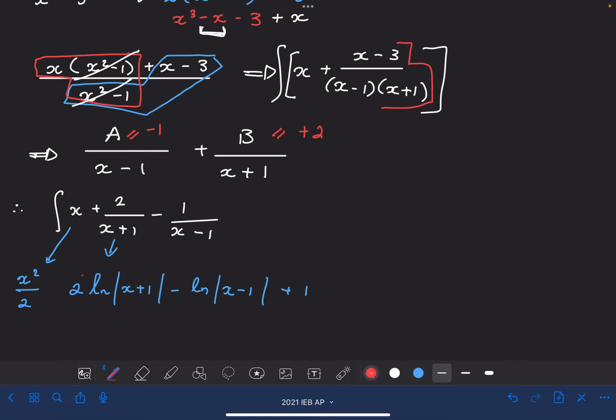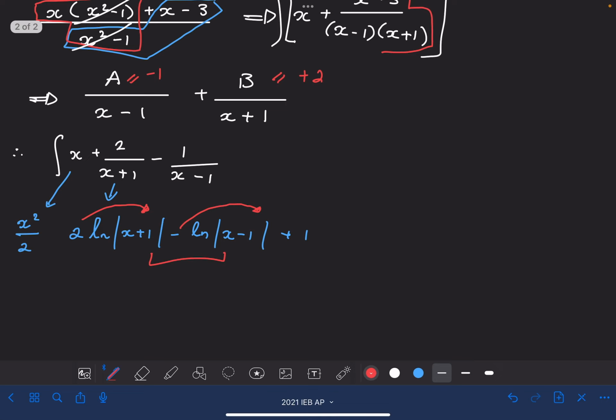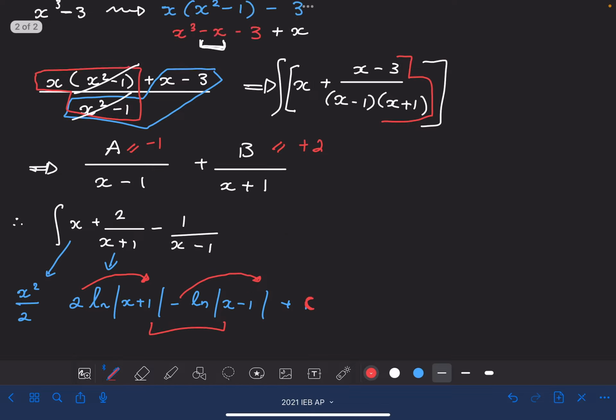Now, in theory, you could move the 2 to the exponent, and you could move the negative up there as well, and you could probably even try to combine these two. But for now, leaving it in this form is perfectly fine, and this would net you your whole 11 marks for this question.